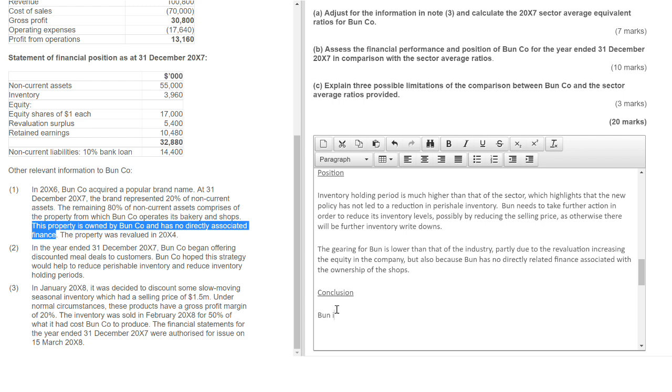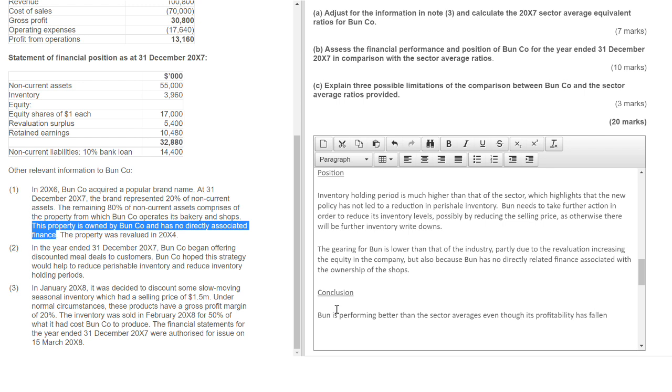Bun is performing better than the sector averages, even though its profitability has fallen.